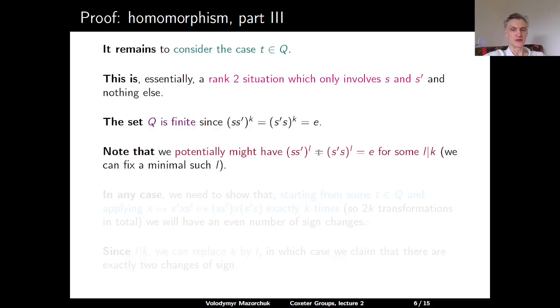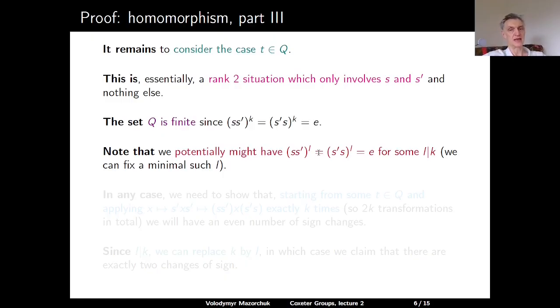And note also that in the Coxeter relation, the power which guarantees this is our number k from the Coxeter matrix. We might potentially have that some smaller power is equal to the identity. Let's call this power L. So this might happen for some L which divides k.